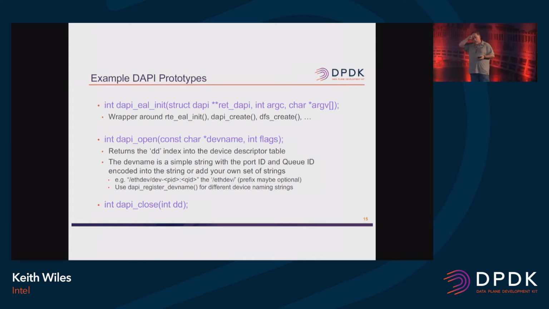Now, the open and close, you go, oh, well, I know what the port is, and I know what the queue is, but somebody else might not. So why don't you give it a string that's unique to you, and all they have to do is open that string, and they get back a file descriptor index. And I keep track of that.